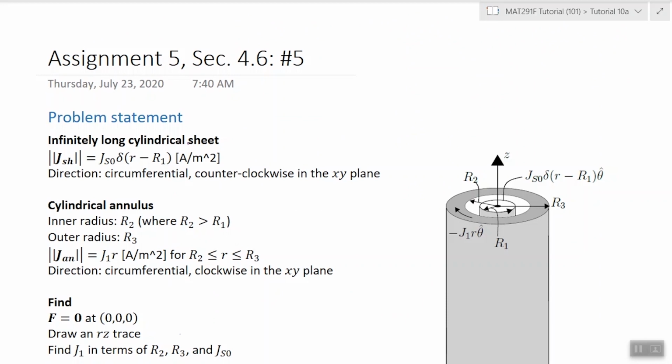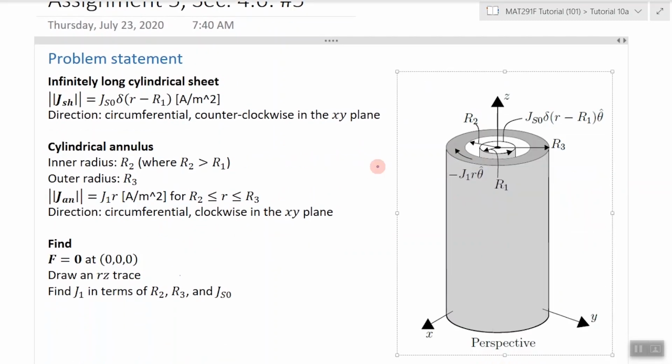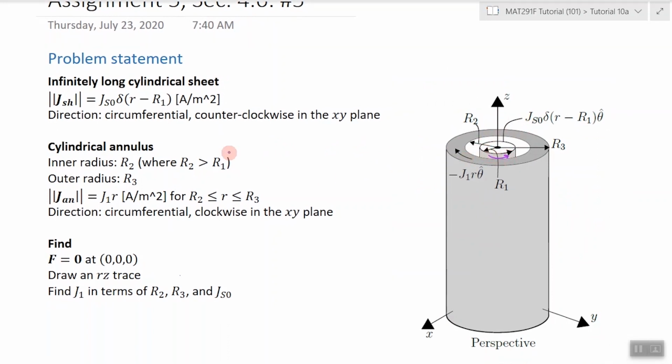Now let's do problem 5 from section 4.6 in assignment 5. The problem involves two different objects. One is an infinitely long cylindrical sheet with current density shown here like this. It's going in the circumferential direction. It goes counterclockwise when you look at the xy plane. That's why the direction is in the theta hat direction.